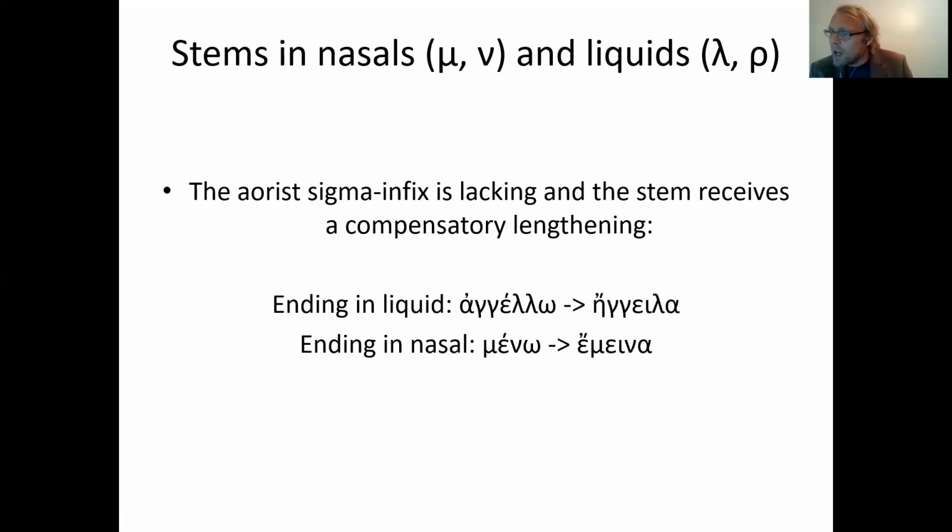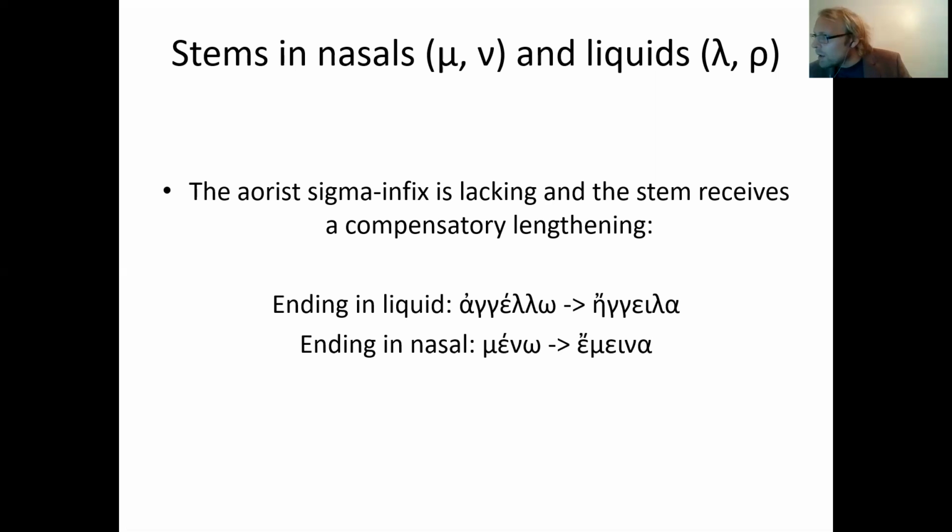The first example we have of this is angello, I report. The active aorist indicative of this verb is engeila. Further, we have meno, I wait, and the active aorist indicative of this is emeina.